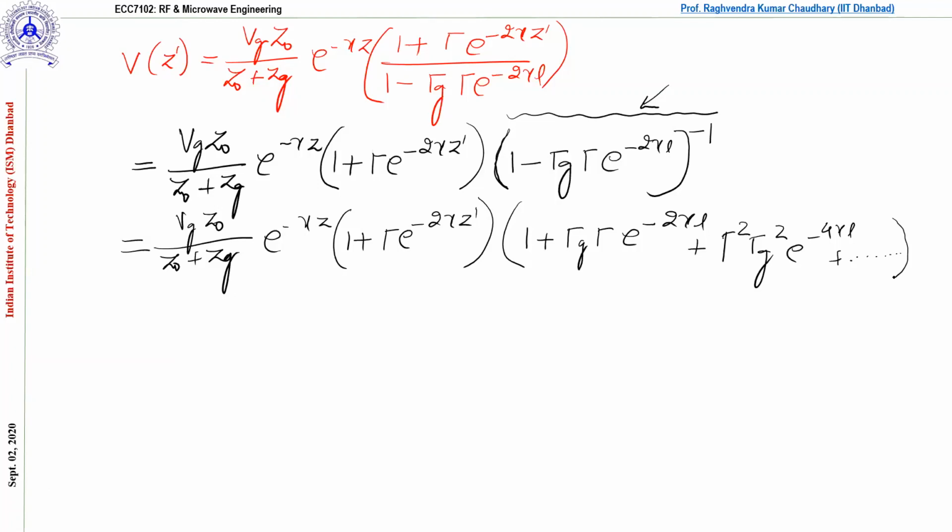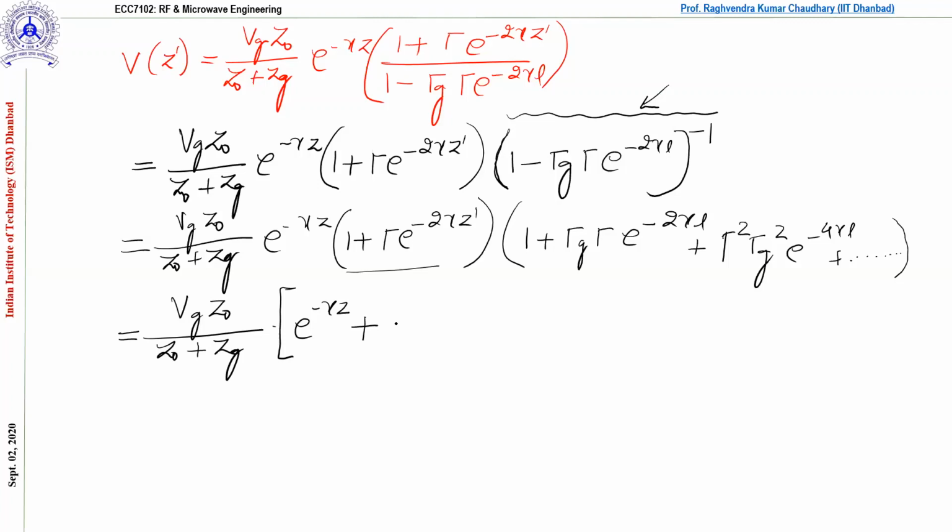Fine. Now what we need to do, actually we need to multiply these two things, and we need to arrange as a coefficient of e to the power minus gamma z, gamma z dash, like that, correct? So if you rearrange like that, you will find a very innovative form. If you multiply these things and manage, you can write: e to the power minus gamma z, first term, plus, you need to multiply, correct?